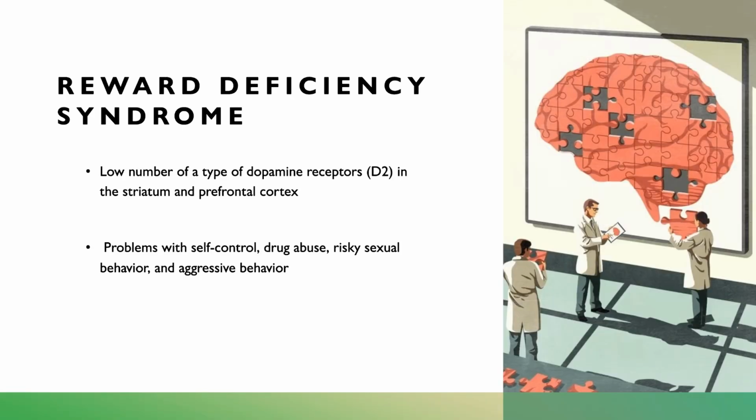The reward deficiency syndrome is a dysfunction in the brain reward system, which leads individuals to have a low number of type D2 dopamine receptors in the striatum and the prefrontal cortex.